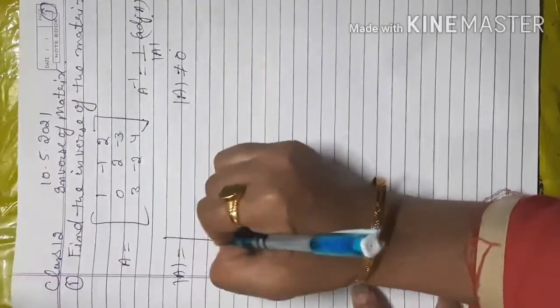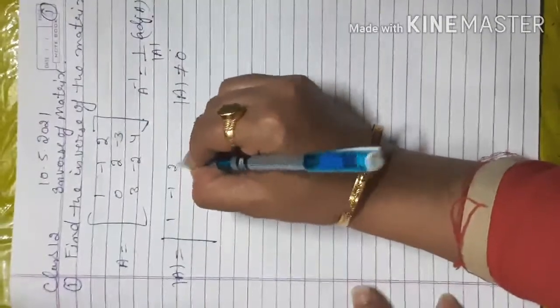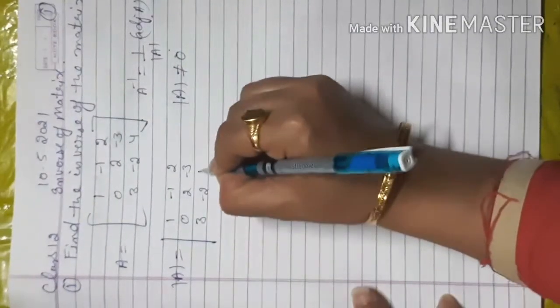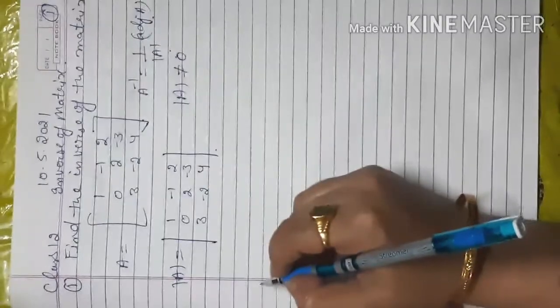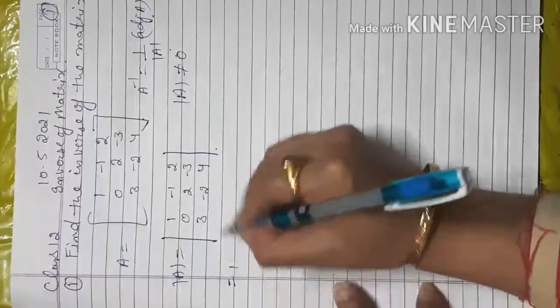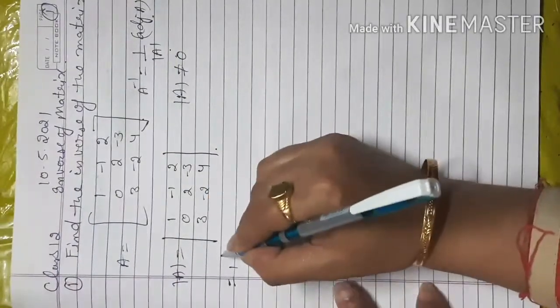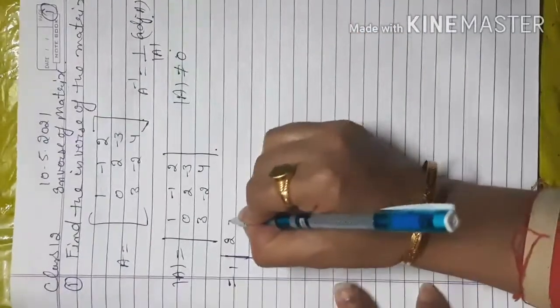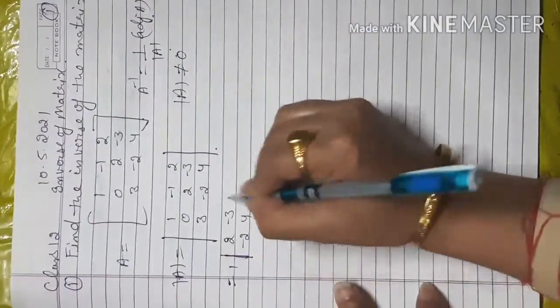That is, the determinant of A: 1 minus 1 2, 0 2 minus 3, and 3 minus 2 4. I convert it into determinant form and expand along the first row. The first row, first column element is 1, the position sign is positive, and the remaining elements are 2 minus 3, minus 2 4.